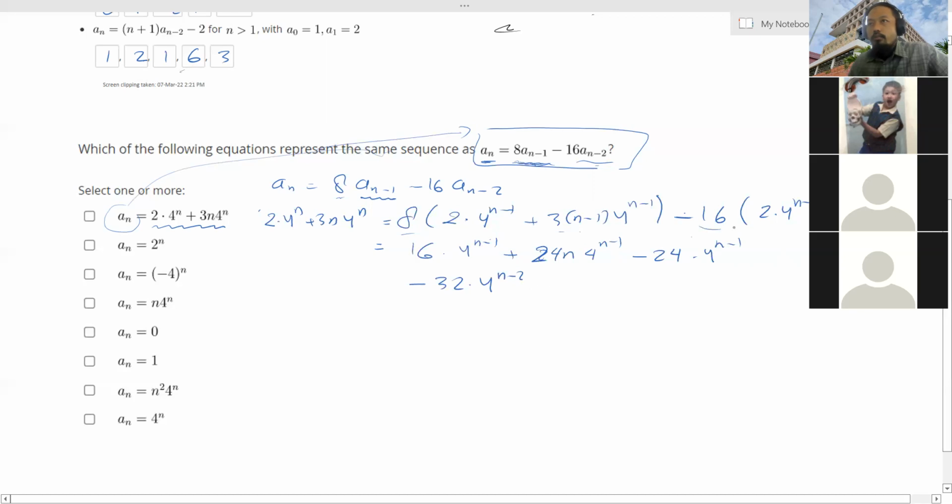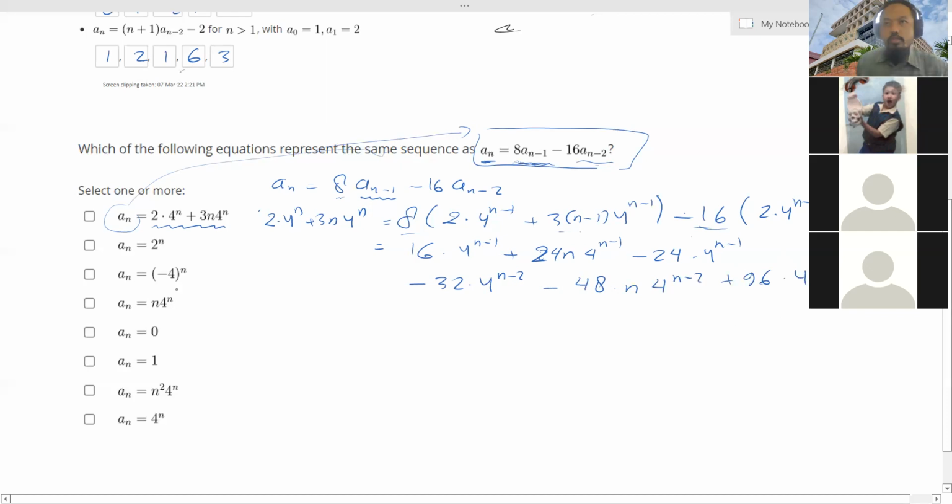And then you multiply this. So you have minus 48 times n times 4 to the power of n minus 2. And then minus 16 plus 2 minus 2. So that means it's a plus 96 for n minus 2, right?